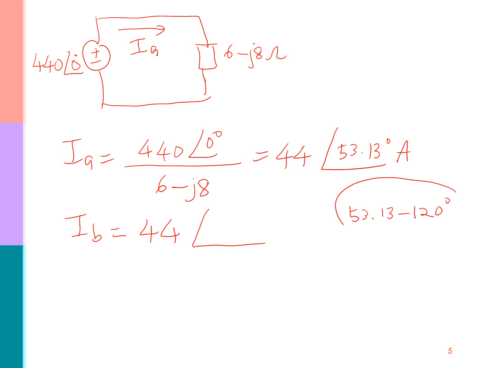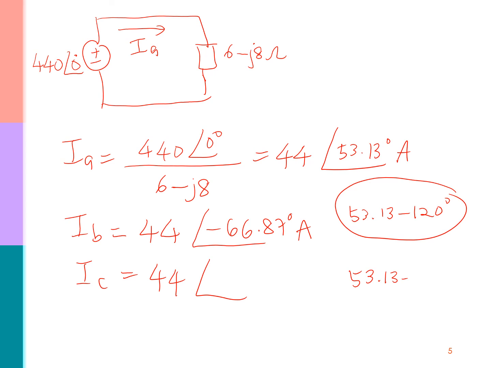If it were a negative sequence, you would plus 120 for IB. So the angle for IB is minus 66.87 degree ampere, and IC is equivalent to 44 with the angle 53.13 plus 120, which gives 173.13 degree ampere. This is the value for line currents IA, IB, and IC.